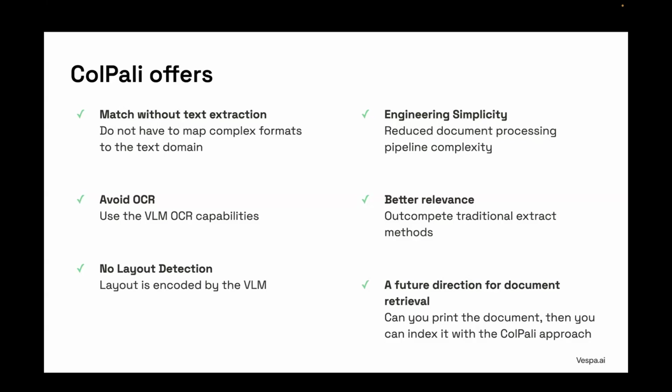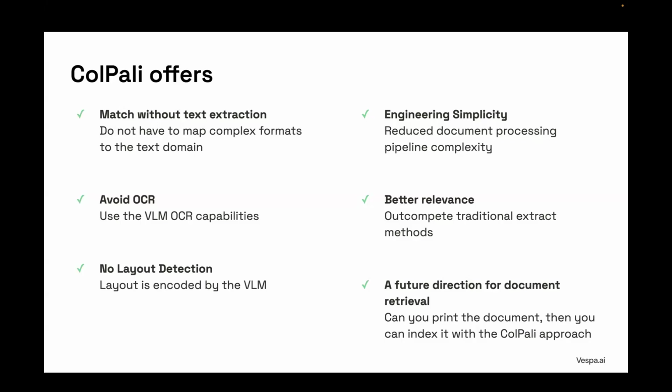This was published, I think, half a year ago or something, but already there have been at least 4 or 5 models that have overtaken ColPali on this benchmark leaderboard.